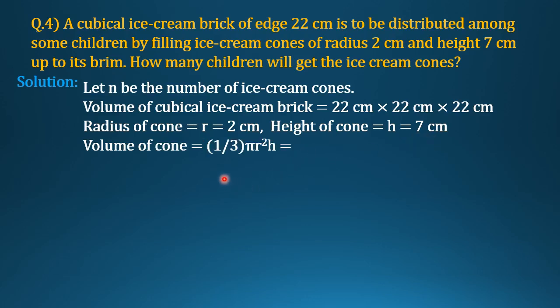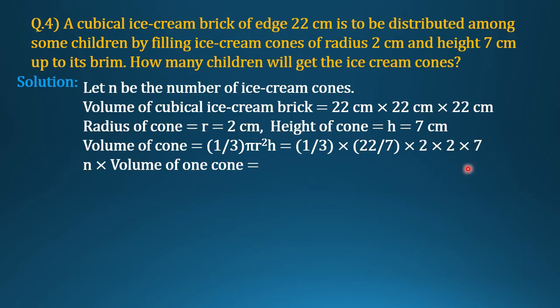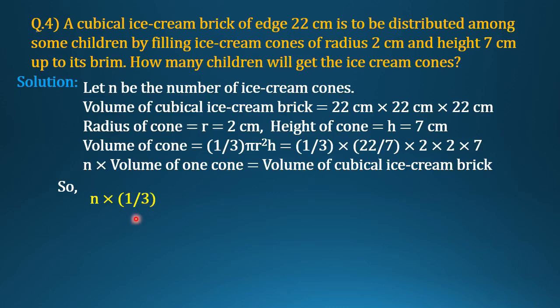Volume of cone is equal to 1 by 3 pi r square h is equal to 1 by 3 into 22 by 7 into 2 into 2 into 7. N into volume of cone is equal to volume of cubical ice cream brick. So n into 1 by 3 into 22 by 7 into 2 into 2 into 7 is equal to 22 into 22 into 22.